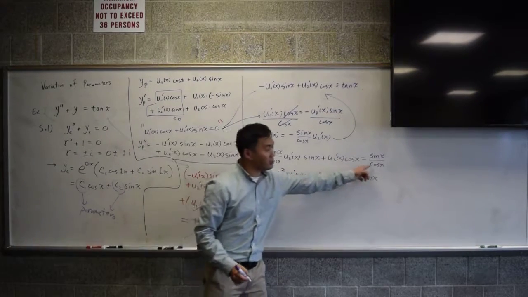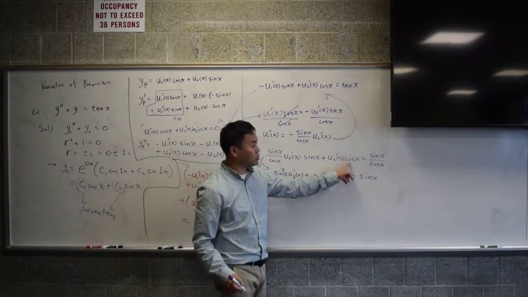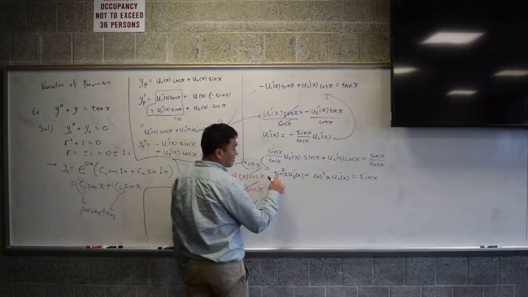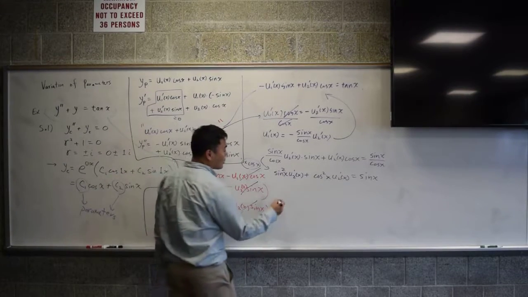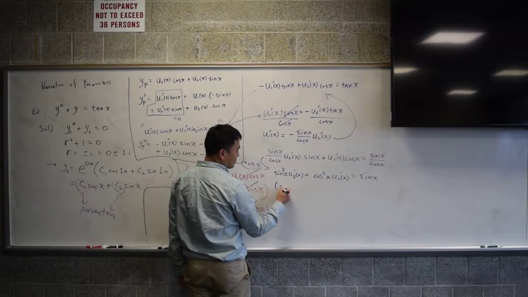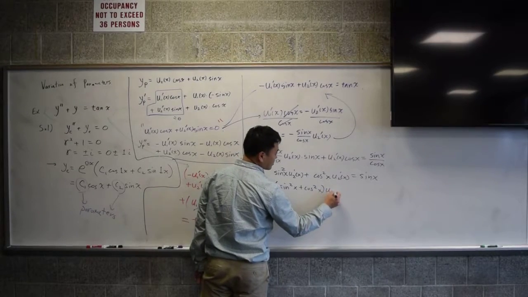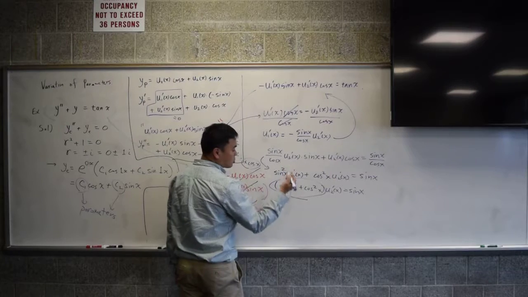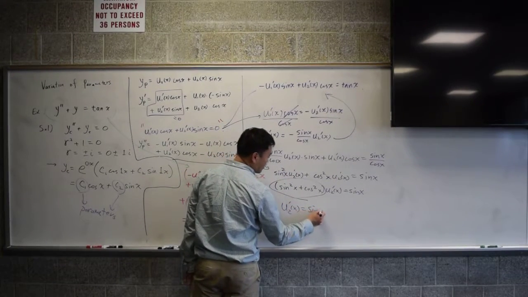So both of these cosine x in the denominator went away. And then because I multiply cosine by cosine, I get cosine squared. And that's nice, because what's sine squared plus cosine squared? 1. So after factoring out the u2 prime of x, since this is just equal to 1, you end up with u2 prime of x equal to sine of x.